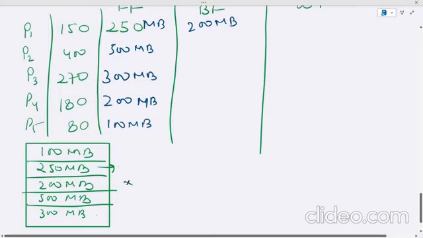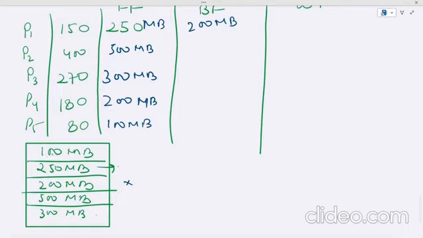P2 is 400, so 100 definitely cannot reside, and not in 250 as well. 200 is already filled. 500, yes, we can allocate this memory to P2, because it is the only block which can provide memory to that process; 300 is less than 400, the memory is less than the process size. Only one block is left, which is 500. So 500 is allocated to P2.